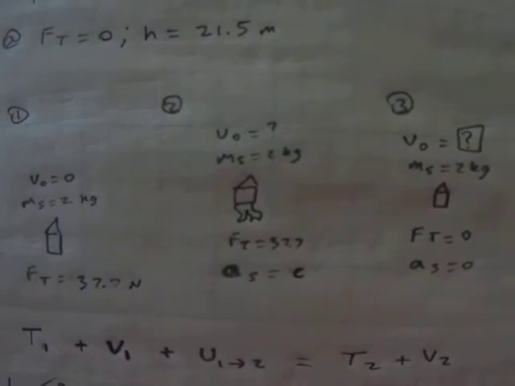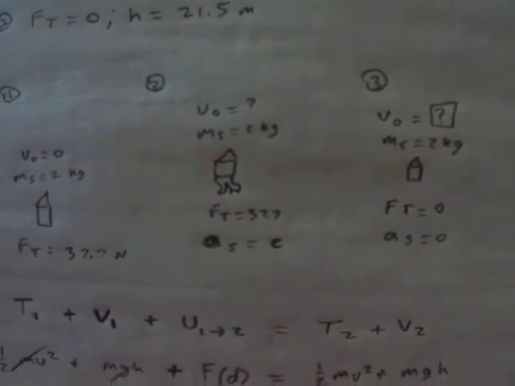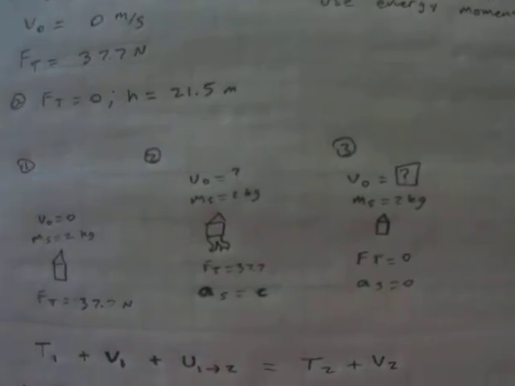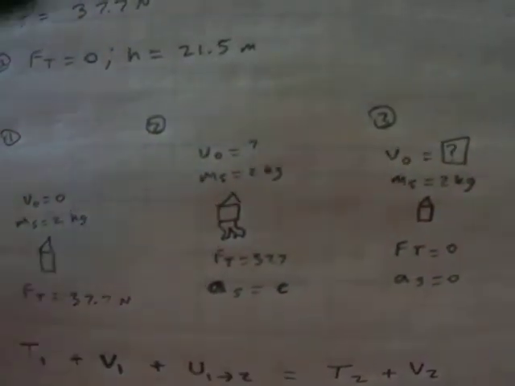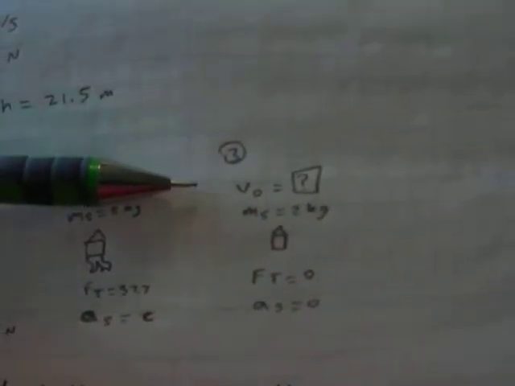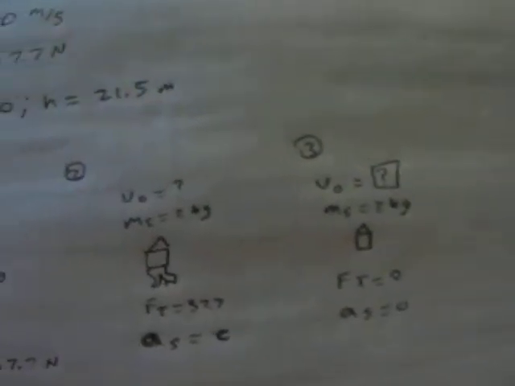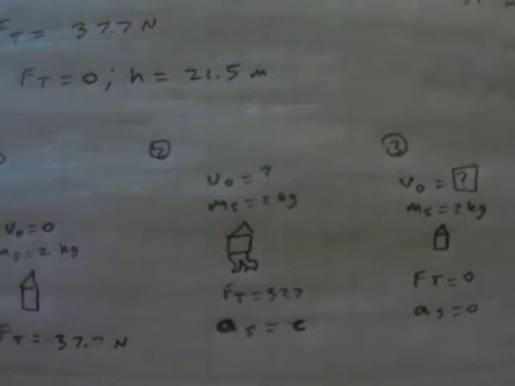We're not sure what the velocity is throughout, but we know that the acceleration is constant. The mass stays the same, the force of thrust stays the same, and then at position 3, this is where we need to find the final velocity. The mass of the spaceship is 2 kilograms, the same constant. The force of thrust is 0, and the acceleration of the spaceship is 0 at this last position.